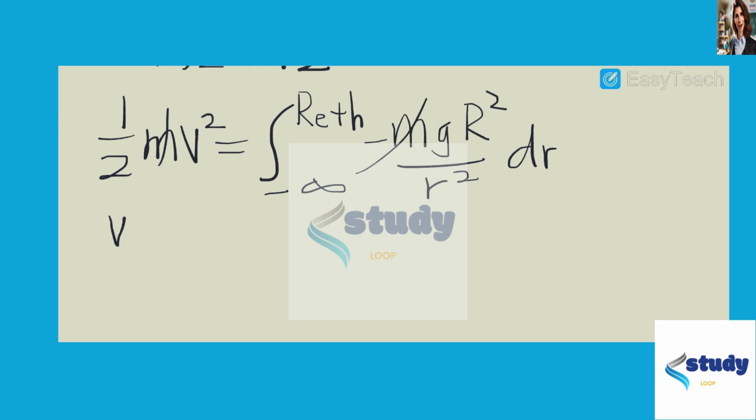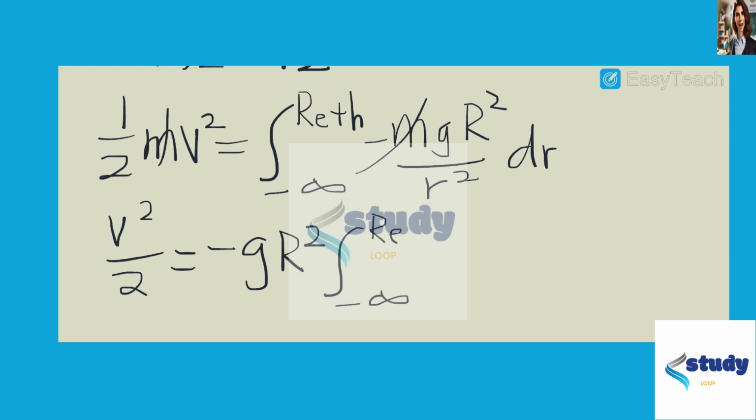What we're left with is v squared over 2 equal to negative g Re squared times the integral from negative infinity to Re plus h of 1 over r squared dr.